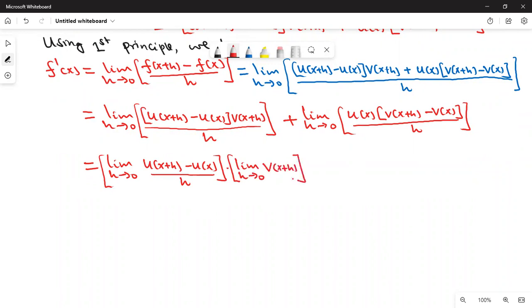You see, limit is distributive. So that's why I'm able to distribute it that way.